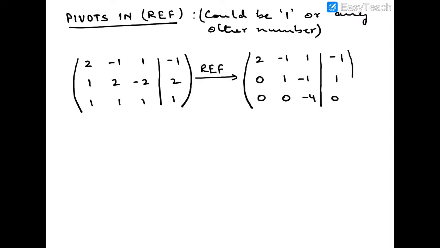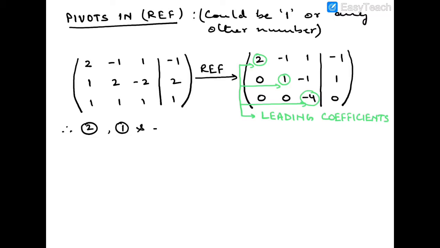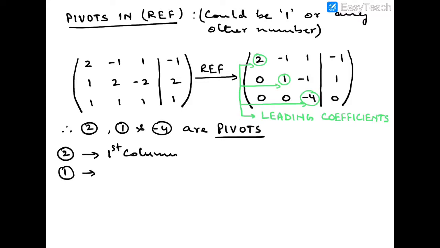Then 2, 1 and minus 4 are the leading entries of row 1, row 2, row 3 respectively. So these entries are the leading coefficients. Therefore, 2, 1 and minus 4 are the pivots. And 2 is in first column, 1 is in second column and minus 4 is in third column.